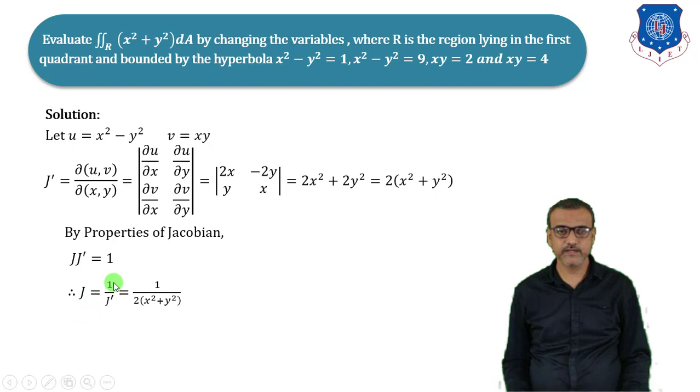Therefore J equals 1 upon J dash, and that is 1 upon 2 into bracket x square plus y square. Therefore dx dy equals modulus of J du dv, and this equals 1 upon 2 into bracket x square plus y square du dv.